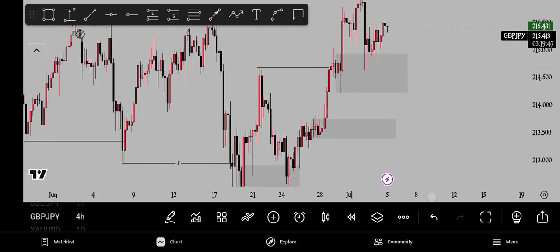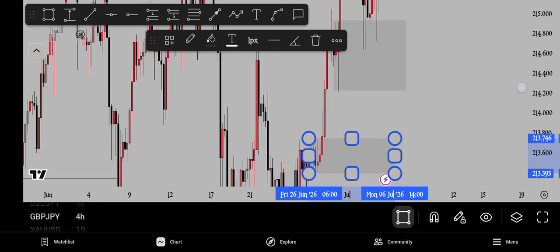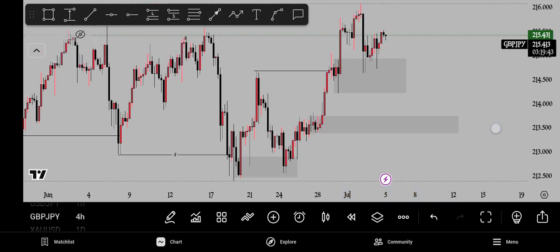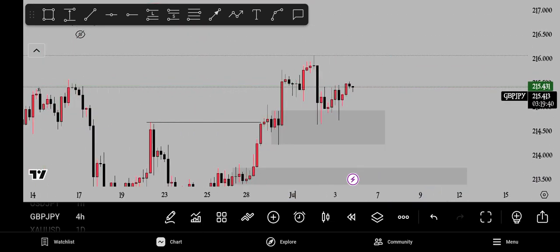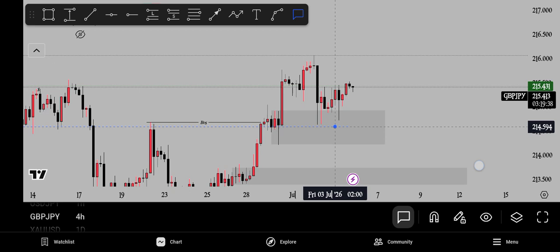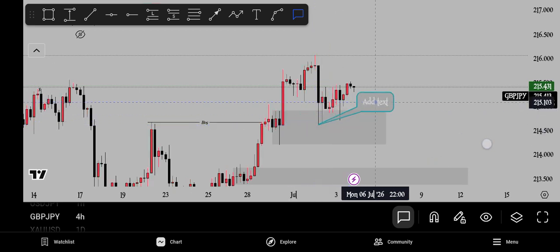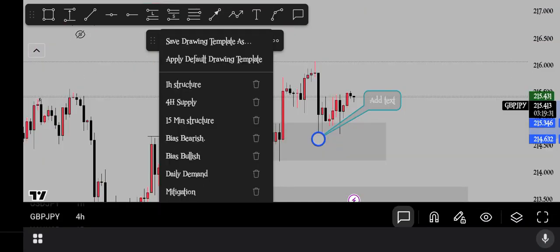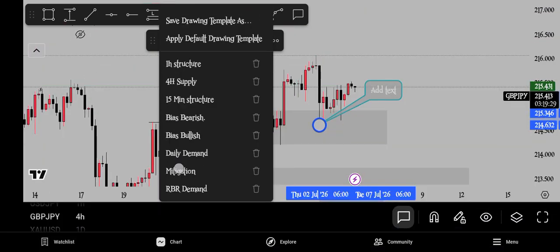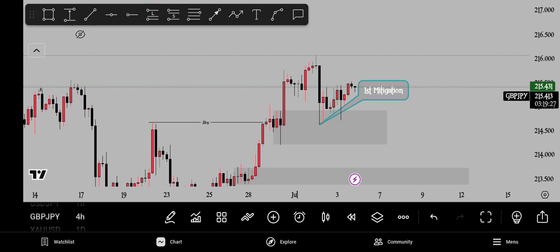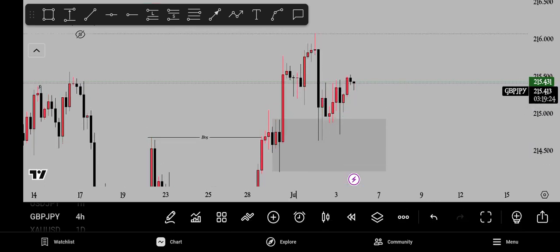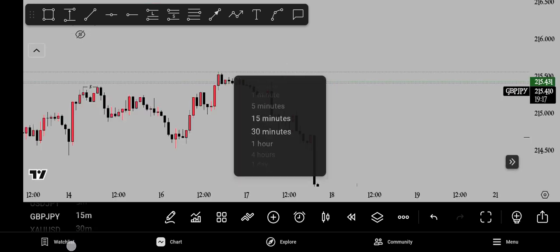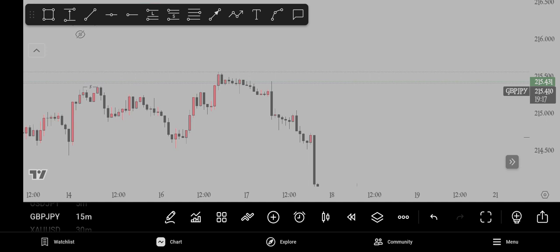Now, so we have these two demand, but price has mitigated this one. This is the first mitigation. So this is the forward demand. Let's go to the 15 minutes and see what price has been doing there.